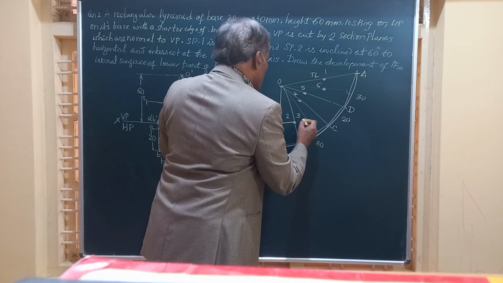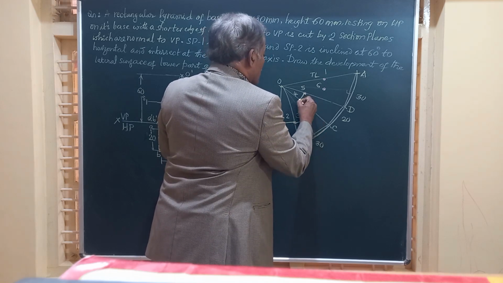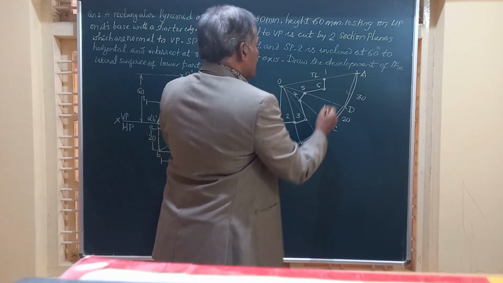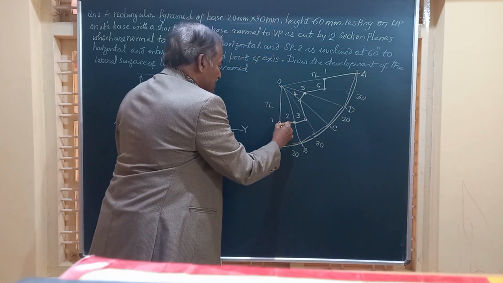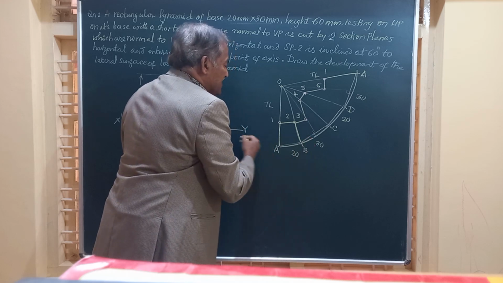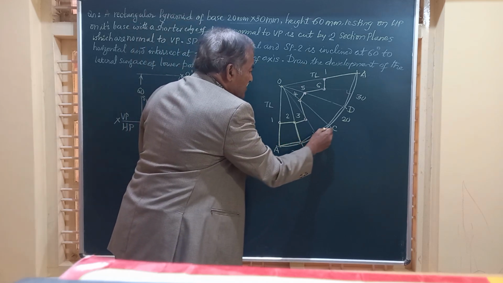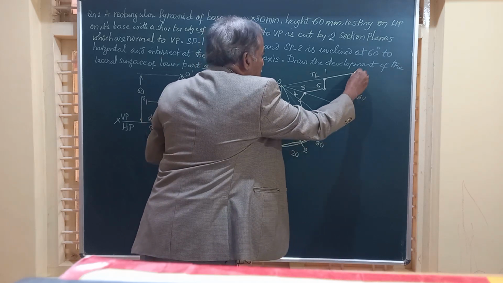So 1 to 2, 2 to 3, 3 to 4, 4 to 5, 5 to 6 and this distance. So the portion on OA, this much is retained. This you have to show by full line. Again the same distance is retained on OB. This has to be by full line. All these base edges are to be shown by full line like this.